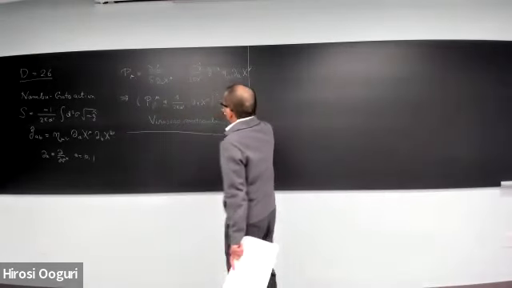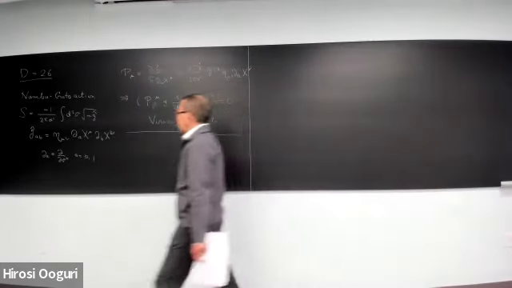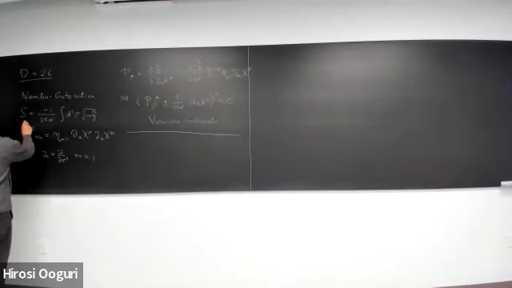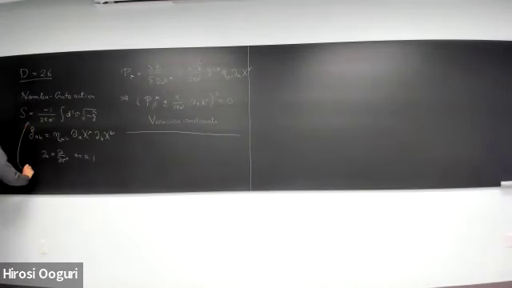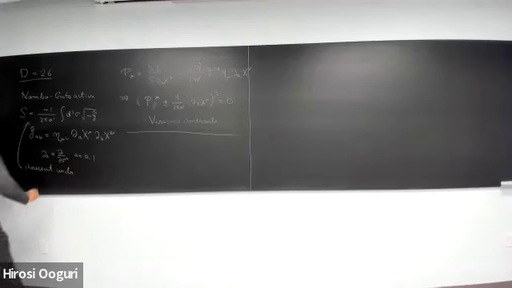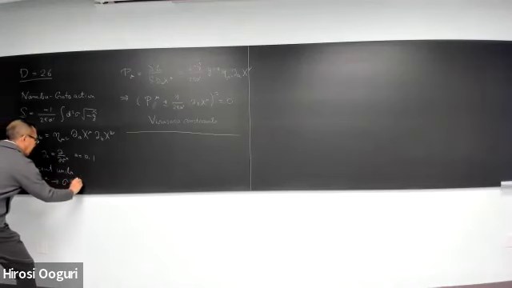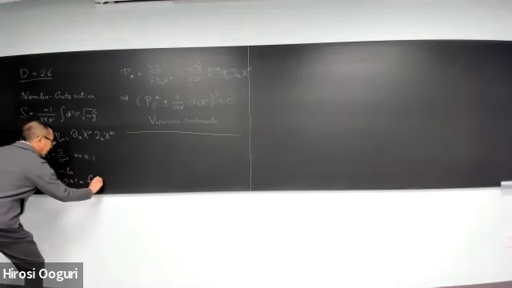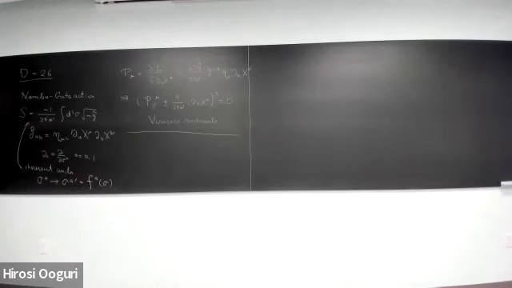So this condition is very closely tied to the fact that this action is invariant under arbitrary coordinate transformation, sigma A goes to sigma A prime equals F A of sigma.